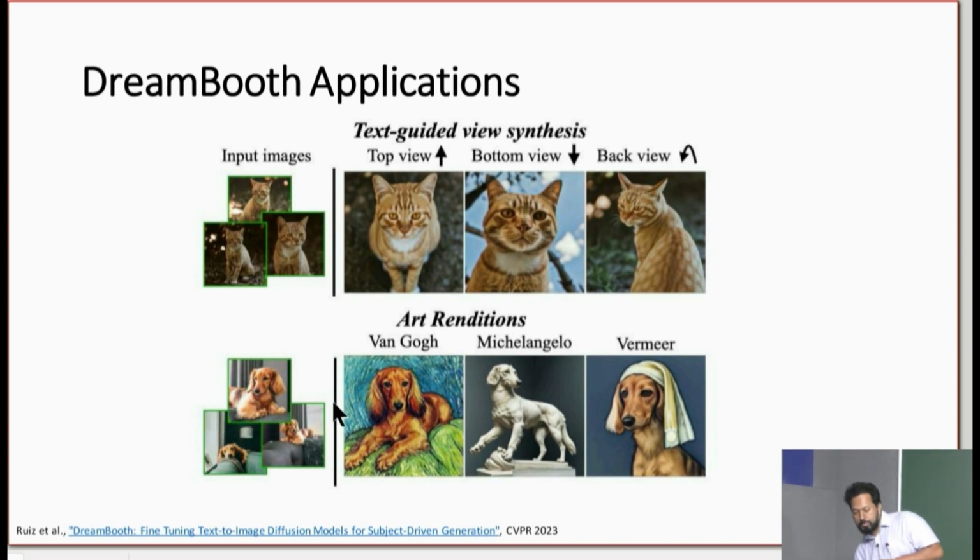Given a set of images, now I can do artistic forms. Van Gogh, by now you must have seen many times. His style of painting was like this, and Michelangelo, we have sculpture. He used to do sculpture. If you go to European museums, you see a lot of his artworks there.